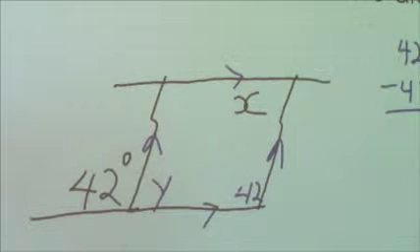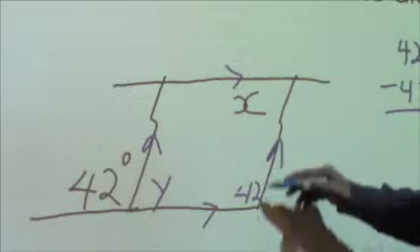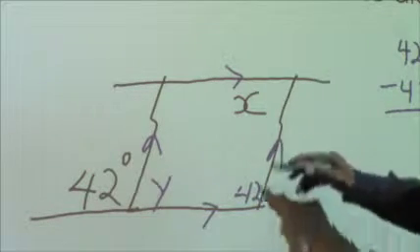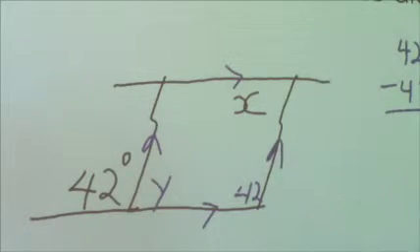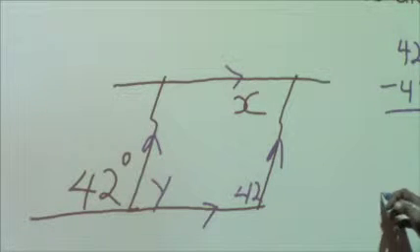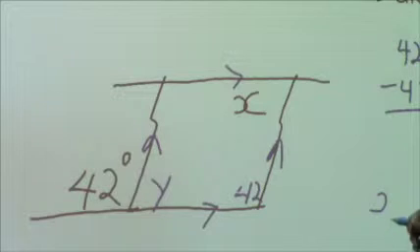And these two angles here are consecutive interior angles, so they must be supplementary. So I could say here that x plus 42 must be equal to 180, minus 42. x should be equal to 138.